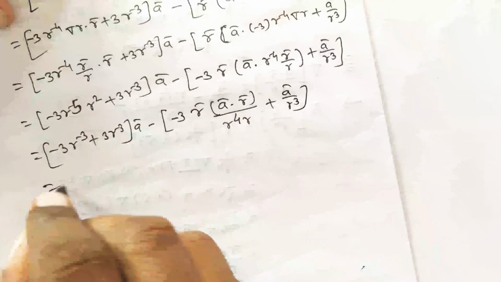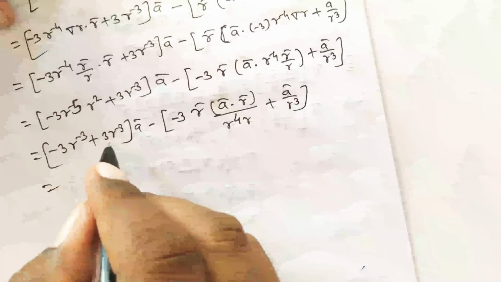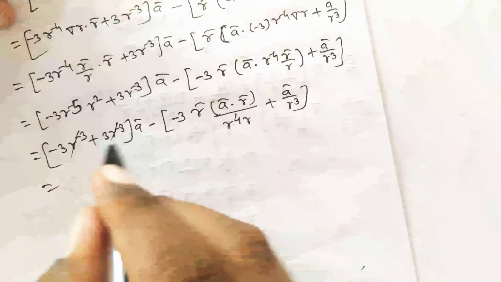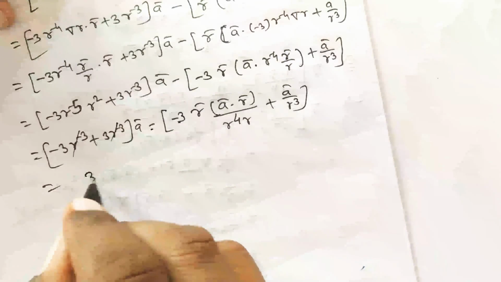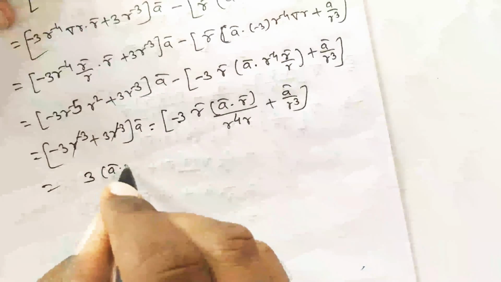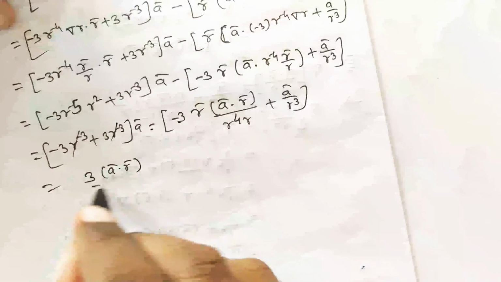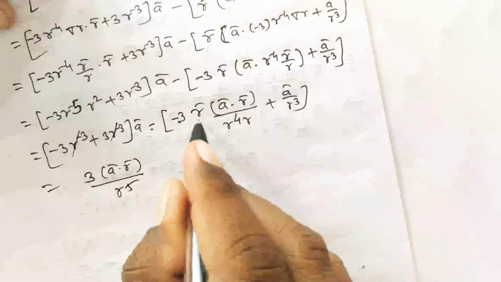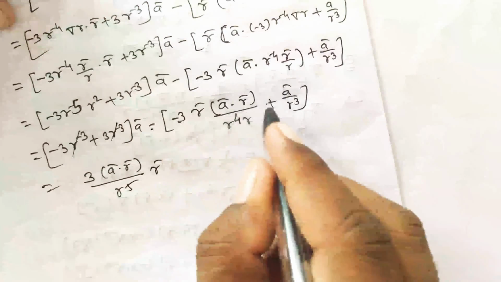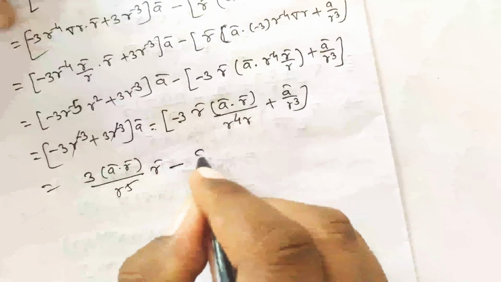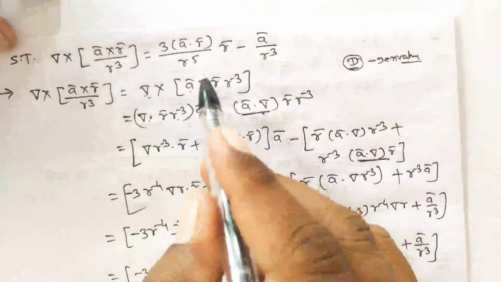Now after simplification, this minus 3 r raised to minus 3 plus 3 r raised to minus 3 get cancelled, this minus plus, so 3 into a bar dot r bar upon r raised to 5 into r bar, and this plus this minus is minus a bar upon r cube. That is required, we have to prove this.